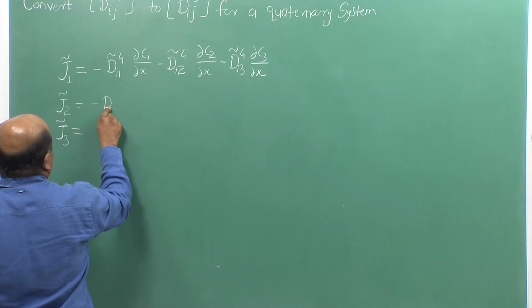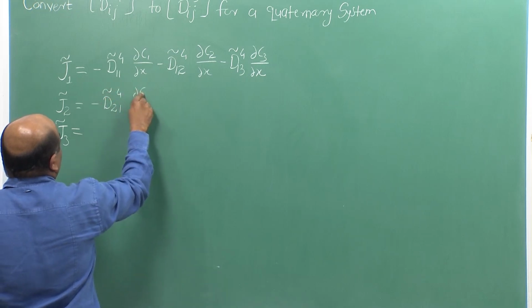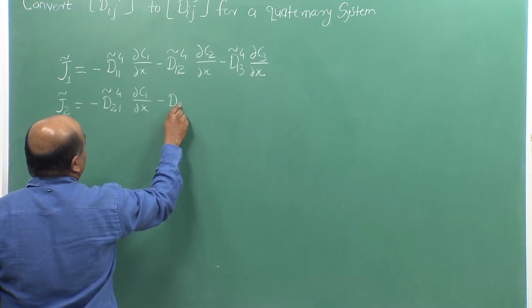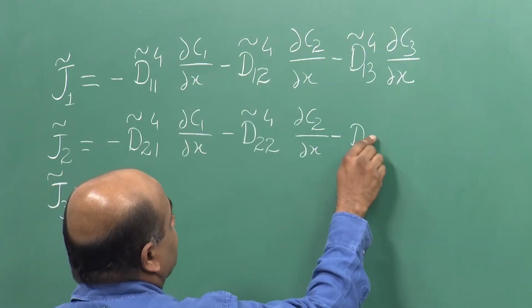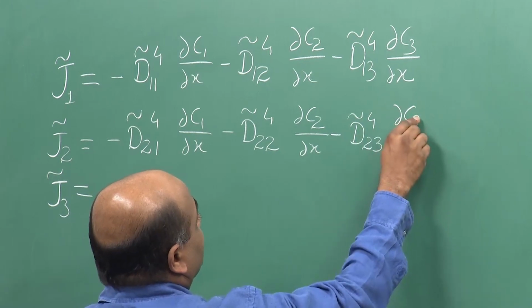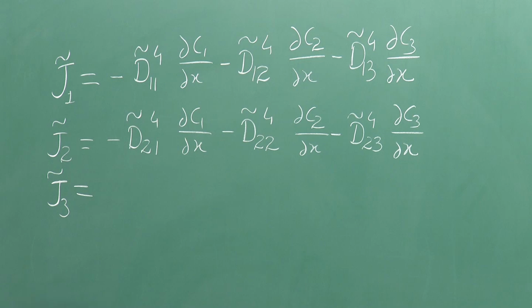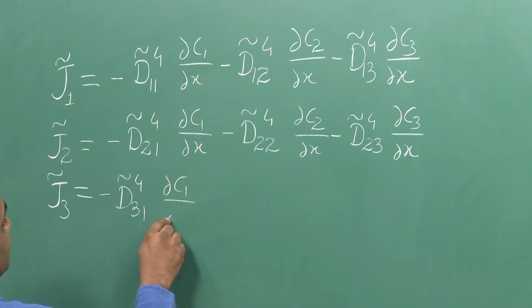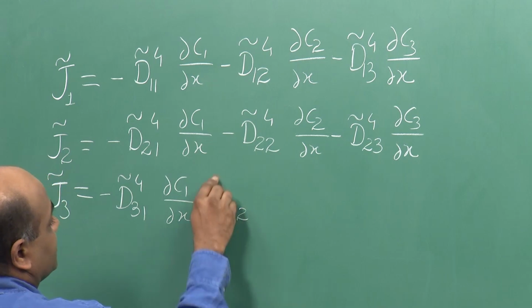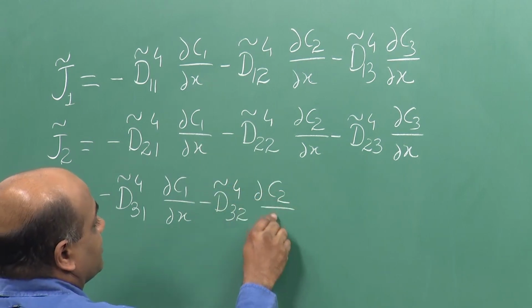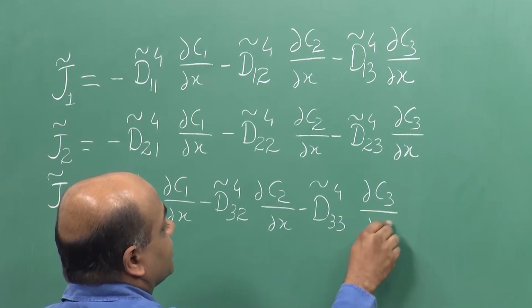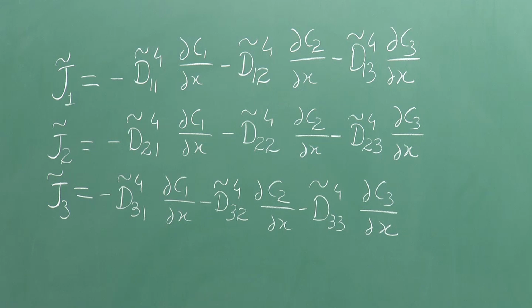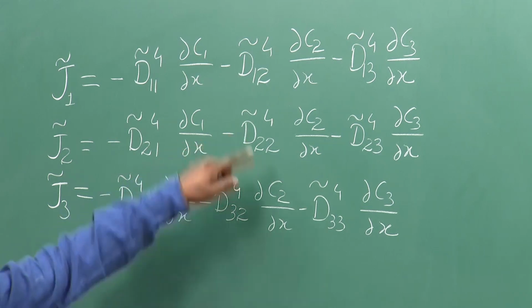J2 tilde is equal to minus D21 tilde 4 dou C1 by dou x minus D22 tilde 4 dou C2 by dou x minus D23 tilde 4 dou C3 by dou x, and J3 tilde is equal to minus D31 tilde 4 dou C1 by dou x minus D32 tilde 4 dou C2 by dou x minus D33 tilde 4 dou C3 by dou x. So, there are 9 interdiffusion coefficients with respect to component 4 as dependent component.